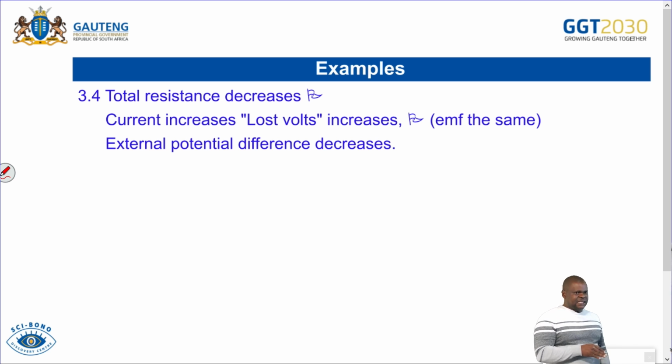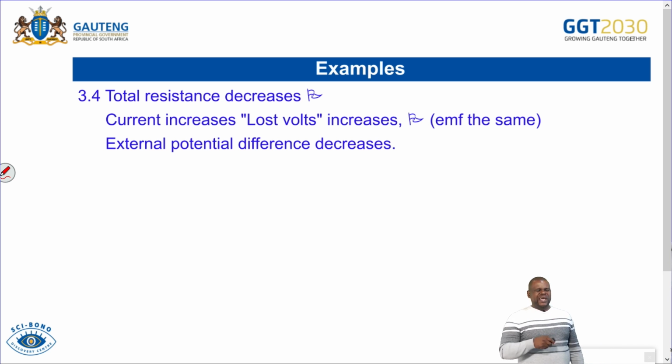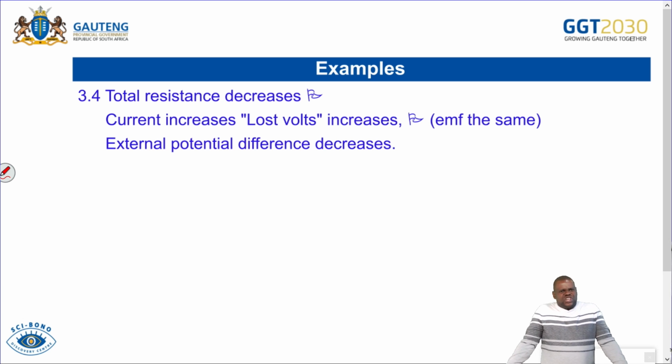When you decrease the resistance, current will increase and lost volts will also increase. Are we together? The EMF doesn't change, it has to stay the same. Then the external potential difference will decrease. Are we together?